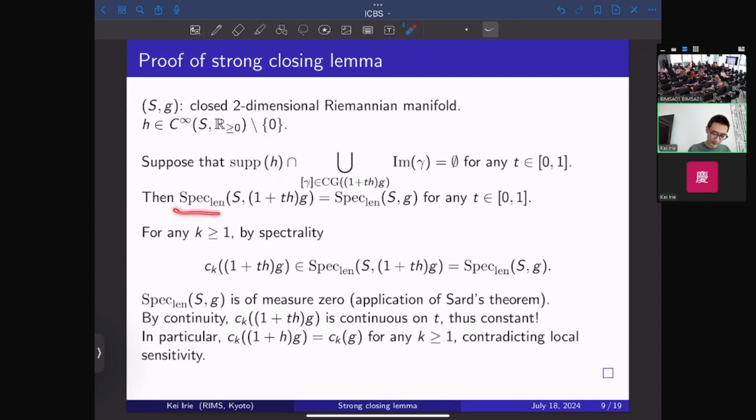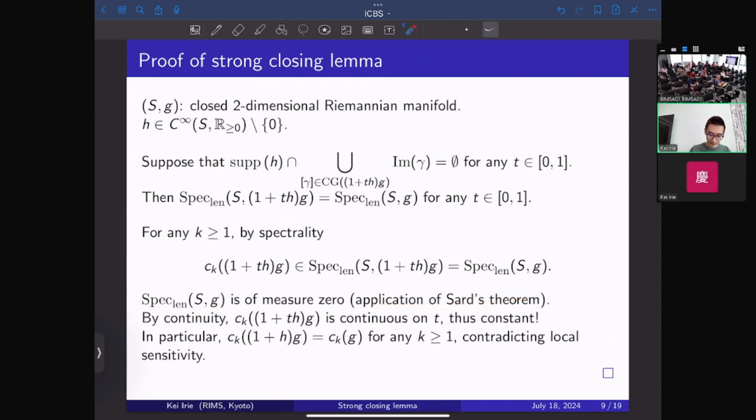Then the length spectrum, which consists of finite sums of lengths of closed geodesics, is also independent of t. On the other hand, for any positive integer k, we consider the spectral invariant c_k of (1 + th)g. By spectrality, this is an element of the length spectrum, which is independent of t. And it is not difficult to show that this is a measure zero set. This is an easy application of the third property.